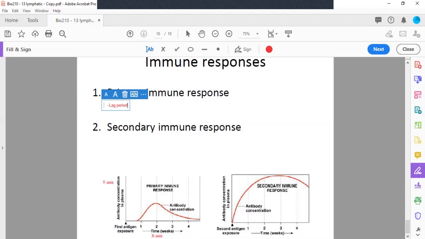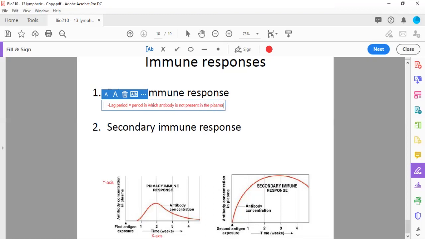So the lag period is going to be defined as a period in which antibody is not present in the plasma despite being exposed to the pathogen.